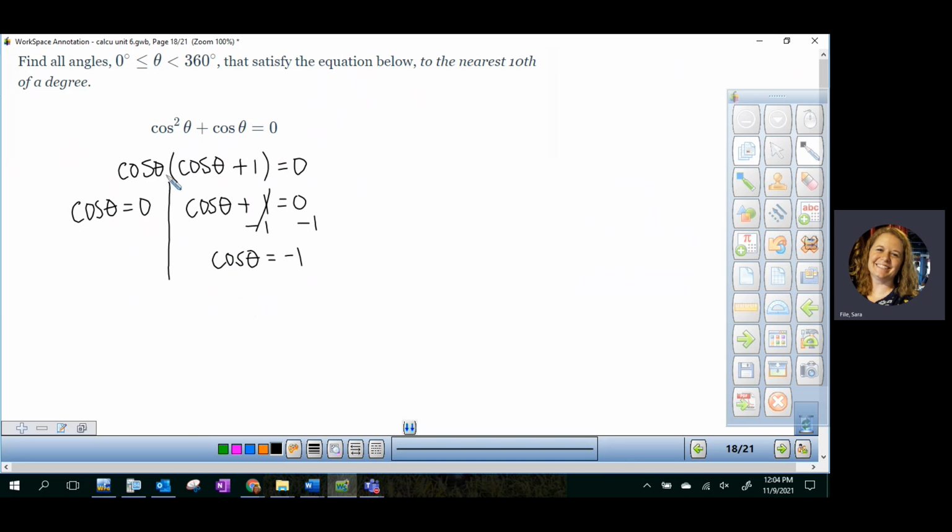I'm asking myself, where on the unit circle is cosine 0? And hopefully you'll remember, or at least be able to find on your unit circle, cosine is the x value. So the x is 0 at the top and bottom of the unit circle. When you've gone left or right, 0. So that's at pi halves and 3 pi halves.